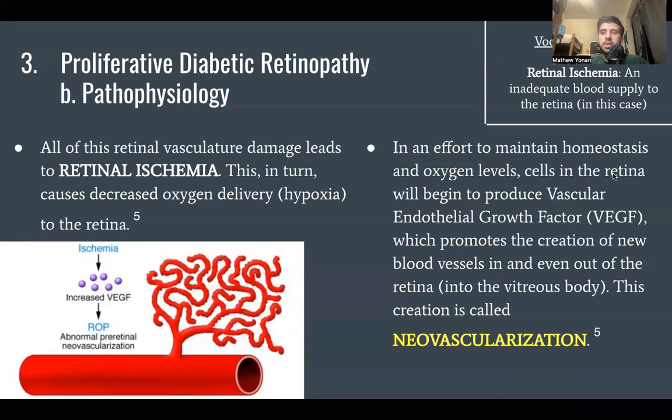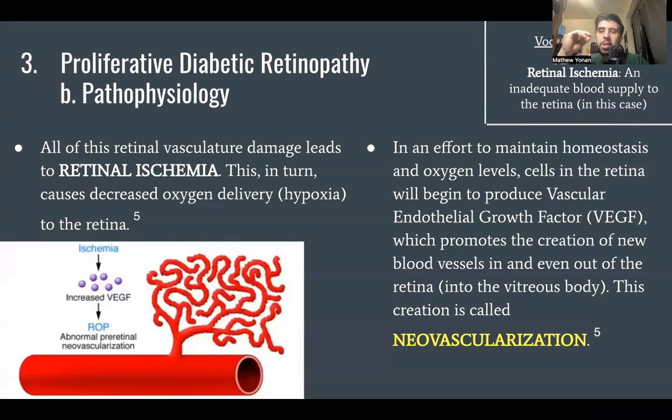In this case, retinal ischemia would be an inadequate blood supply to the retina, right? This inadequate blood supply in turn causes decreased oxygen delivery, right? Because obviously oxygen is carried in the blood and hemoglobin, in red blood cells. So if you don't have a lot of blood going to the retina, then you're obviously going to decrease the oxygen delivery, which is also called hypoxia, okay?